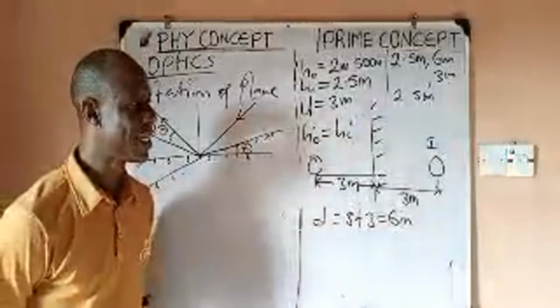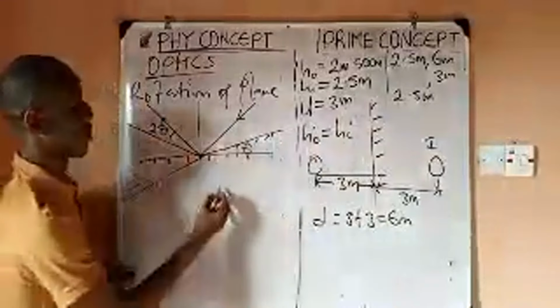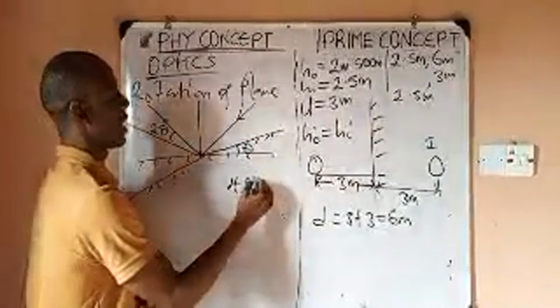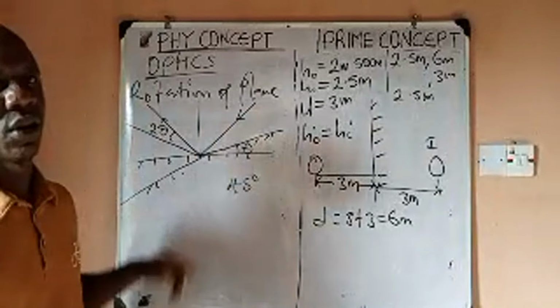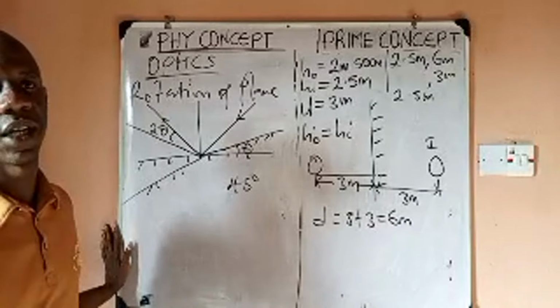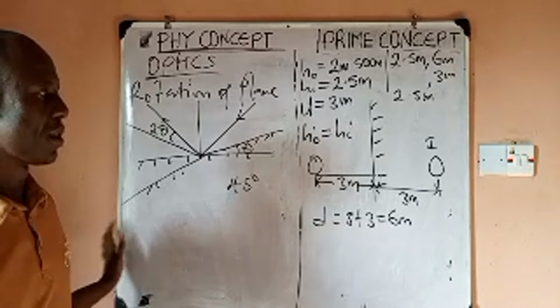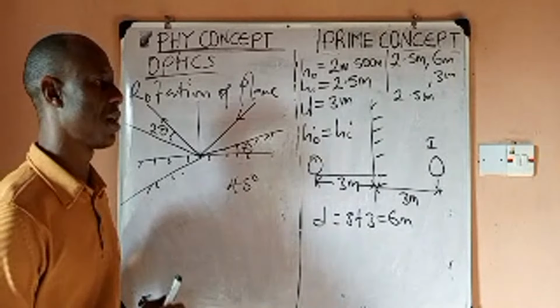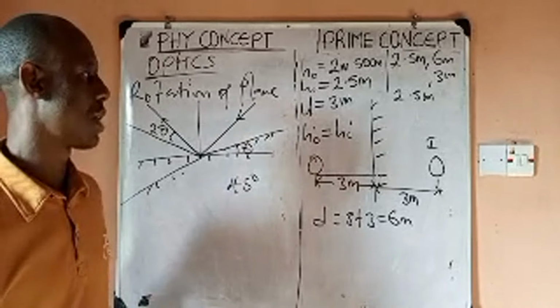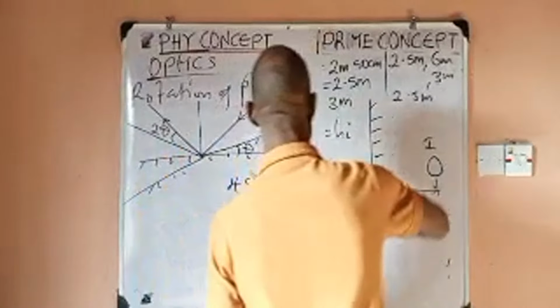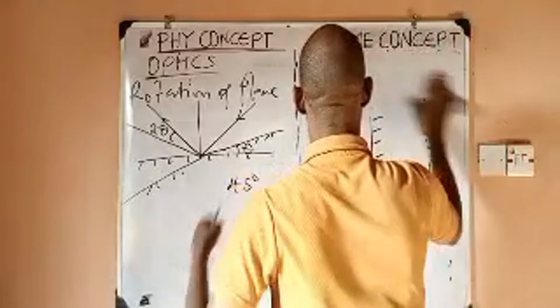Tell me. A plane mirror is rotated through an angle of 45 degrees. What would be the new angle of reflection? What will it be? Type it quickly. I'm waiting for you this time around. Type it before I move on, so that I can be sure you're following me. Type it. Anybody? Not yet.